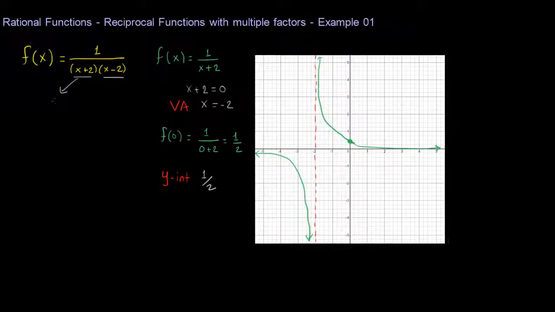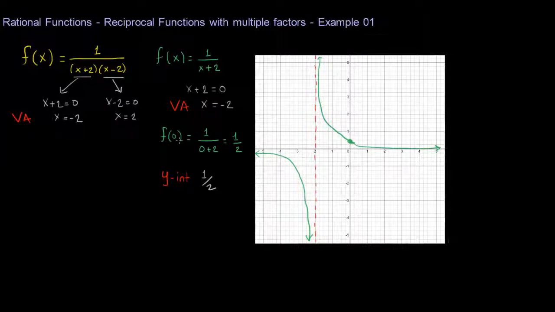So you take the first factor, equalize it to 0, and you get a vertical asymptote at x equal to -2. And with the other factor, you do exactly the same thing. That is to say, you have an asymptote at +2.